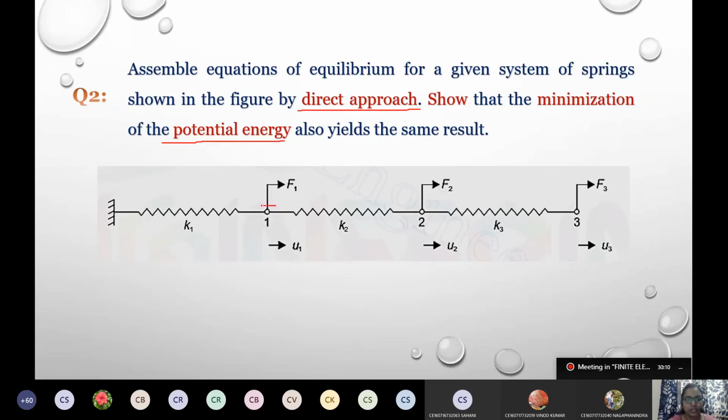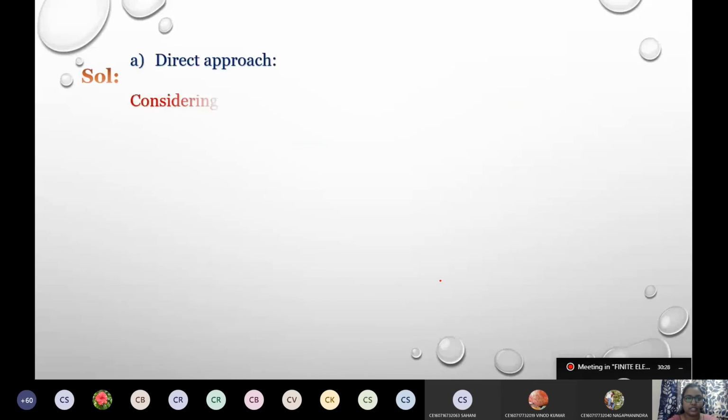If you check, this is our node 1, this is our node 2, and this is our node 3. All right. So now for these three nodes, we have to have individual free body diagrams to solve the problem under the direct approach. We'll go for this. Free body diagram at node 1.